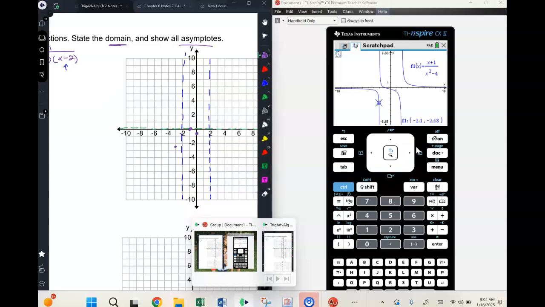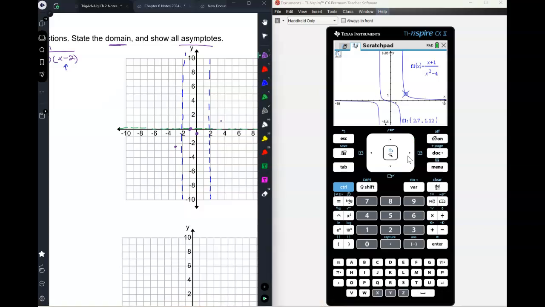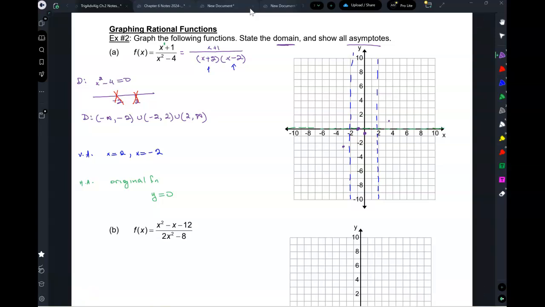And then here, look at that, like 2.7, 1.12. Okay, so once I have these points, the important ones are the intercepts. I'm going to draw my graph to match.